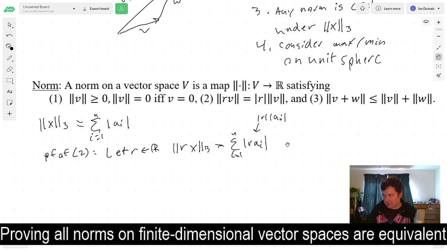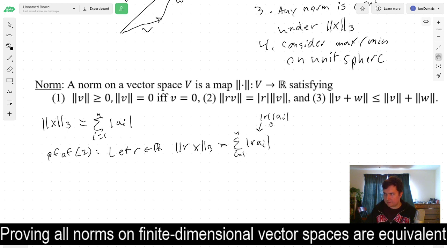And that's an exercise if you're not convinced. But since in the summation there's this common factor of absolute value of R, we can pull that out. We can factor it out of this sum, and we'll get absolute value of R times the sum of absolute value of AI.